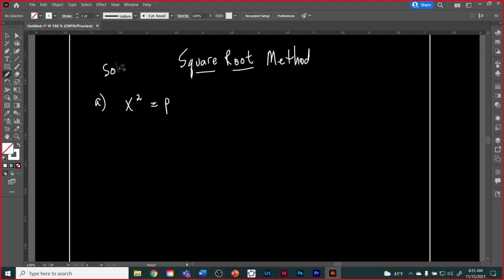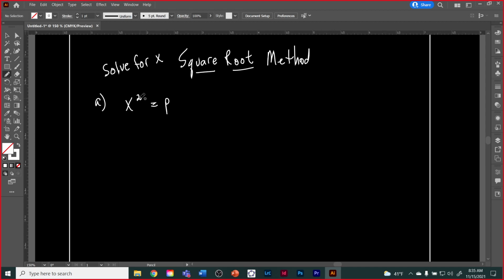So what do I want to do? I want to solve. Now this time, on this one, I don't really know what I'm supposed to solve for, but we're going to solve for x. So I want to get x by itself, but I've got that squared there. I can't really factor that. So how in the world am I going to get x by itself when I have an x squared? Well, I'd like to get rid of that square. I'm sorry, I just gave it away. I'm thinking ahead.